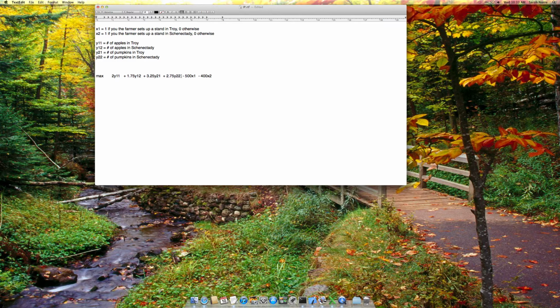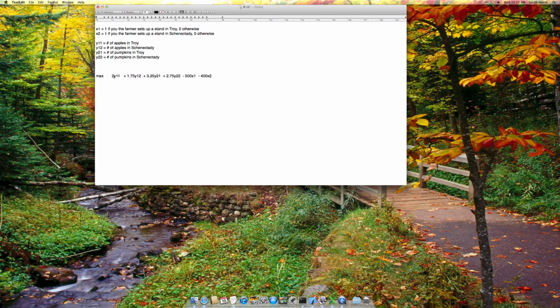A lot of people want to incorporate these X1 and X2 decisions when you factor in the amount you earn here for apples that you sell in Troy. That won't work. If I multiplied by X1 right here, that makes it a nonlinear objective function, which we don't know how to handle yet.